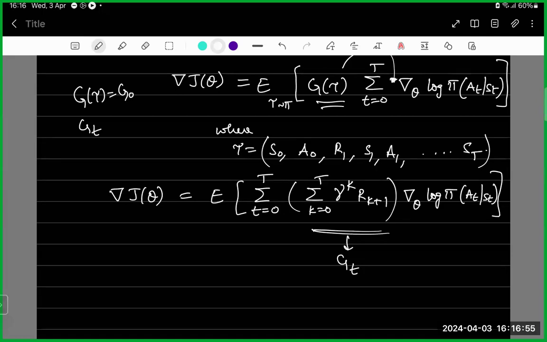We use the baseline trick in the sense that, is R k for k less than t a function of AT? No, it is not a function of AT. So you can think of it as the B, where you can subtract anything from this term which doesn't depend on AT.